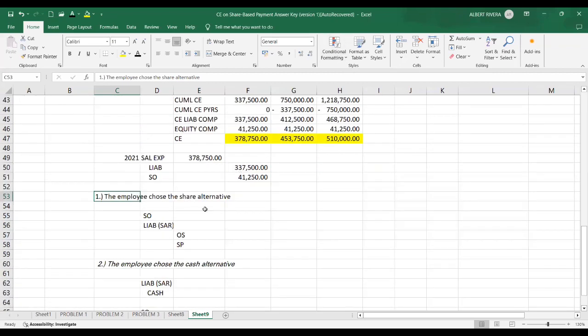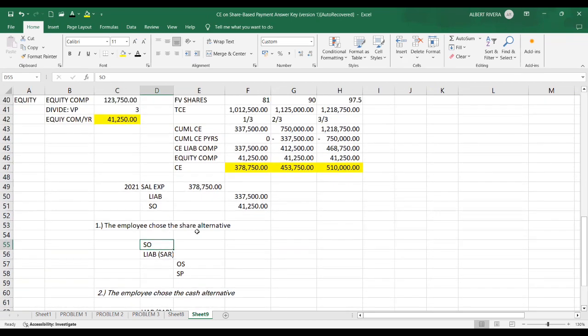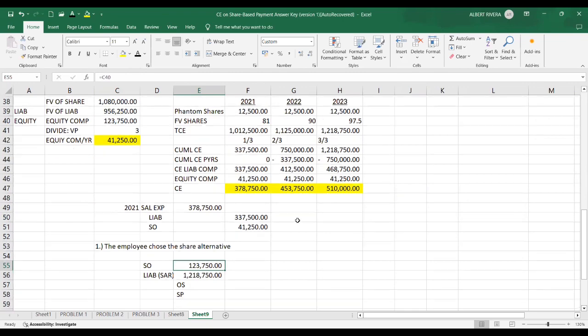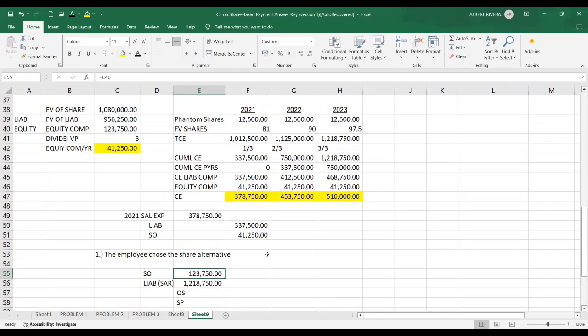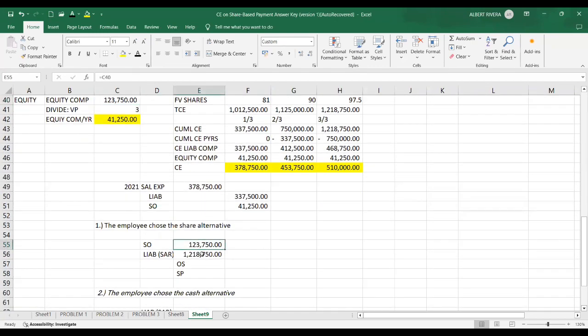If the employee chooses the share alternative, debit share options, and the share options here is 123,750. Where is that? That is the equity component. This is now the third year, right? So that is 123,750. Then debit liability here.